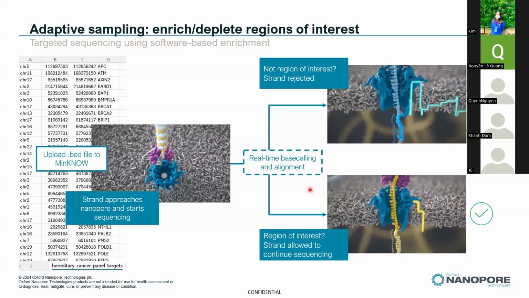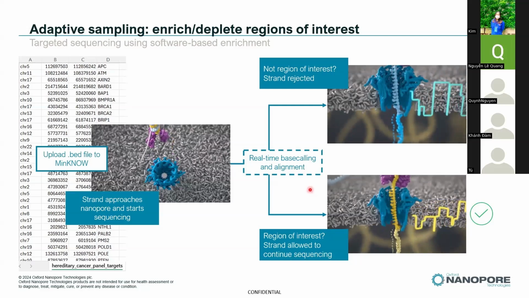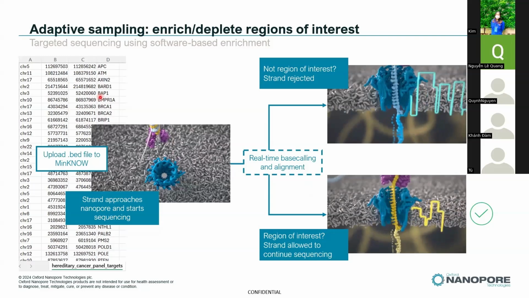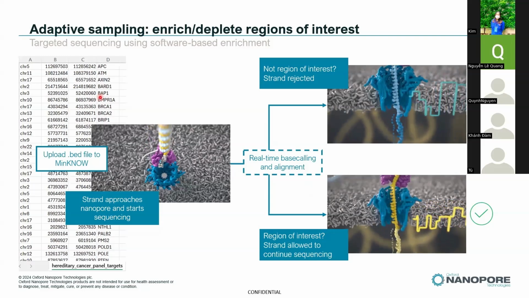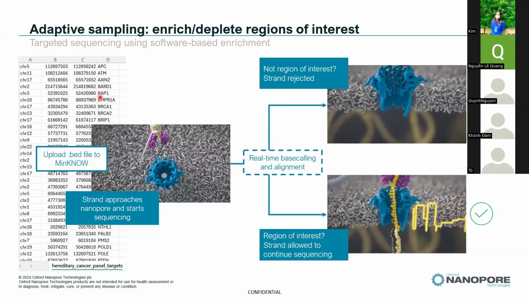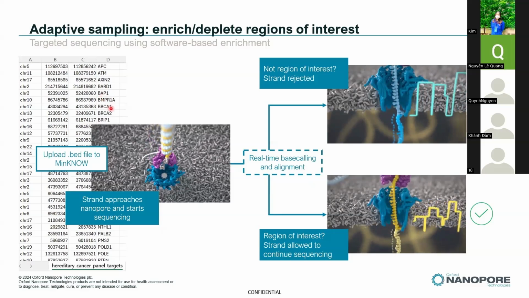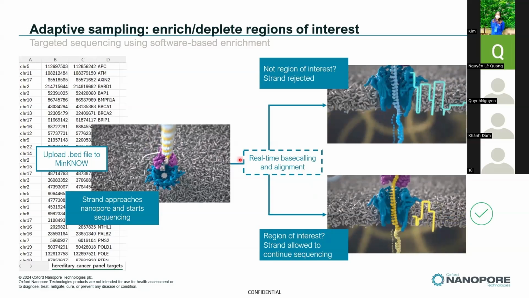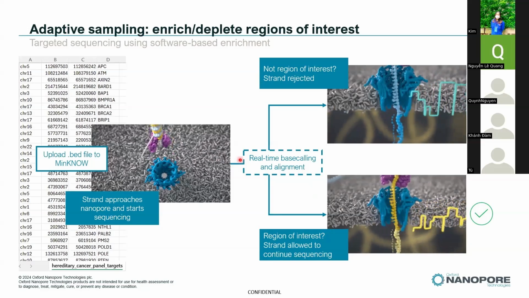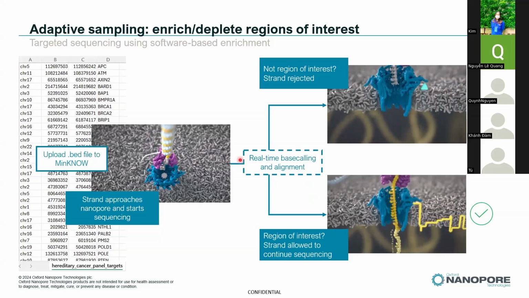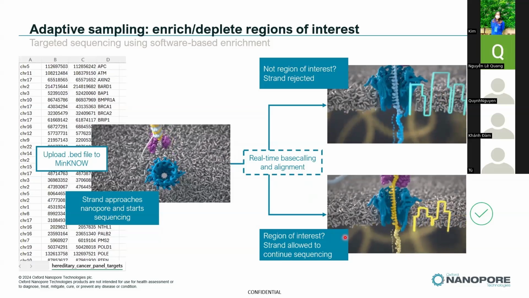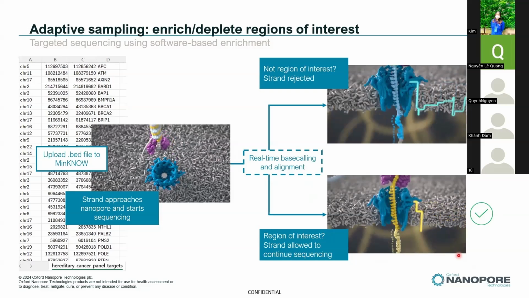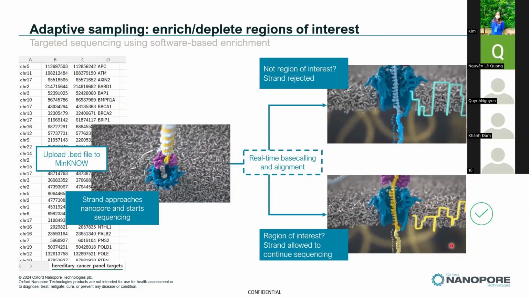With real-time base calling and alignment, if the read does not map to the region of interest you define, then the software will eject the DNA strand from the nanopore. The nanopore is then available for the next strand to come in. Off-target strands continue to get rejected until your region of interest is detected and the sequencing is allowed to proceed.